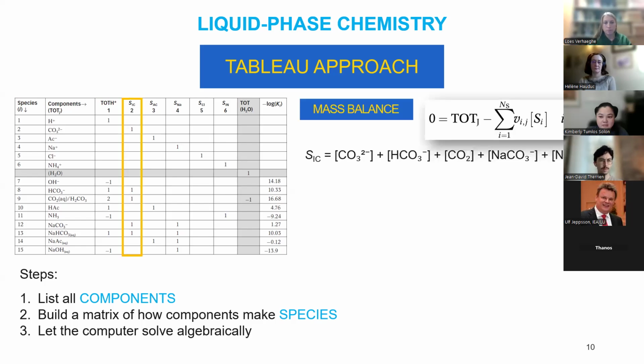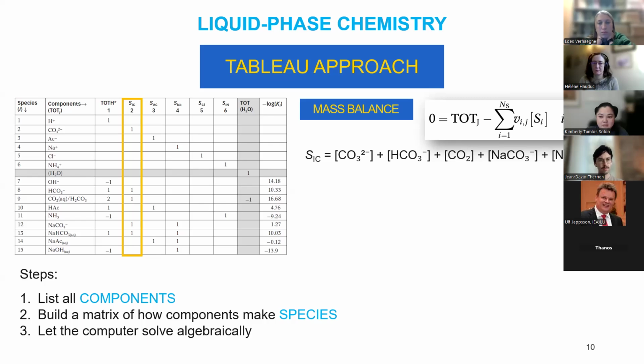To be more specific, the mass balances are coming from the components. So we write one mass balance for each component. For example, the component inorganic carbon, so SIC. The component is actually the sum of all the inorganic carbon species.